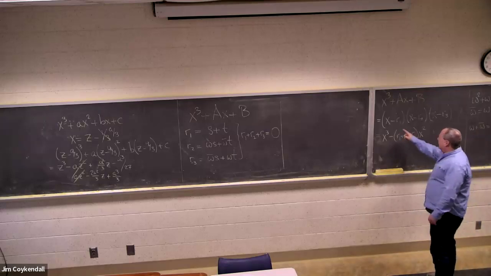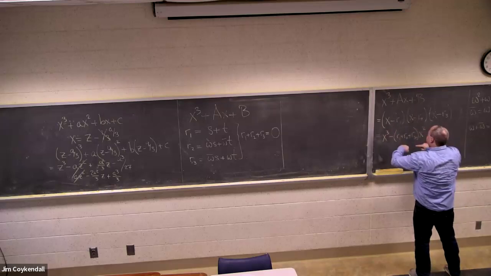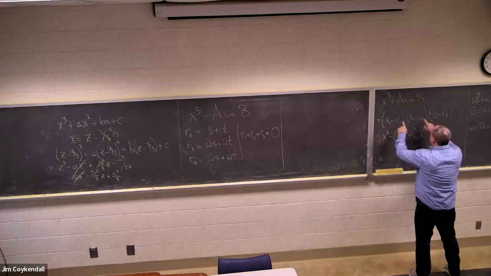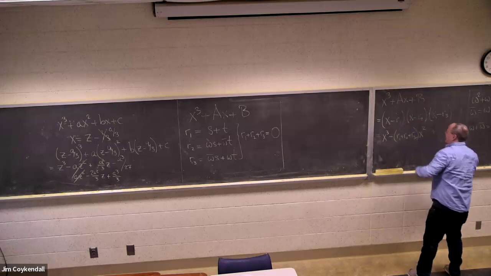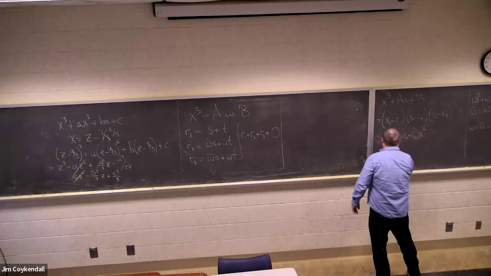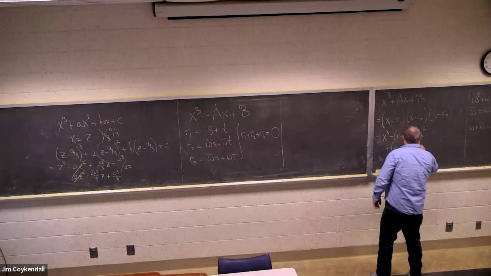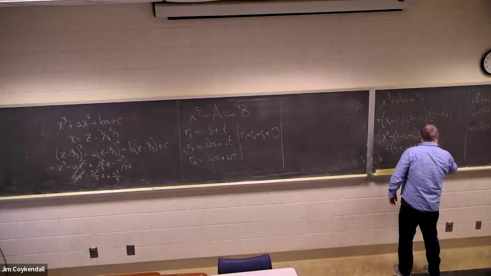Then my linear term: I get 2 r's and an x, 2 r's and an x, 2 r's and an x. So I get R1 R2 plus R1 R3 plus R2 R3, times x.